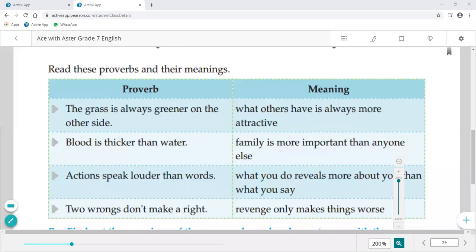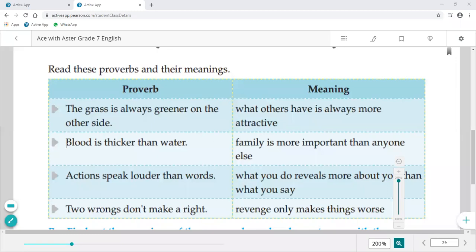You have to read it and find the meaning over here. The proverb, the grass is always greener on the other side, means what others have is always more attractive. We find other people's things more attractive.